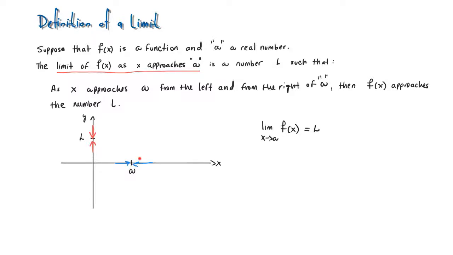What is important is for the function to be defined around a and for the y values to be converging, approaching the same number L. If that happens, then L is the limit of the function at x equals a.